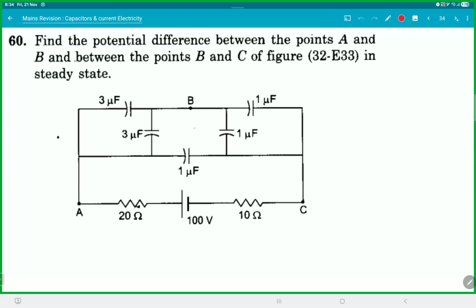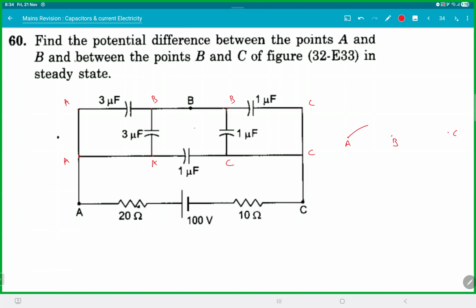Getting it? So these resistors are useless. This is point A. This is also A. This is also A. This is B. This is B. Let's call this thing C. So this is C and this is C. So even though it looks like there are a lot of points, in reality there are only 3 points here. So we have A, B, and C.